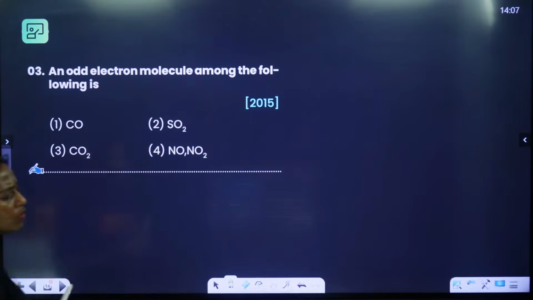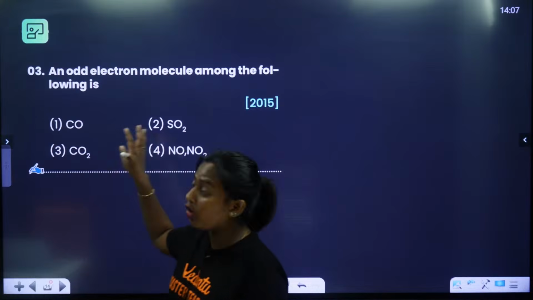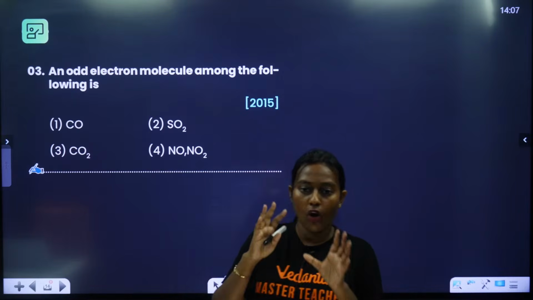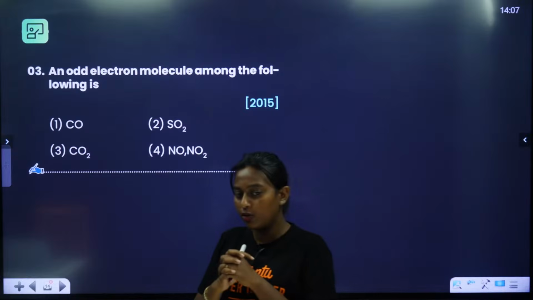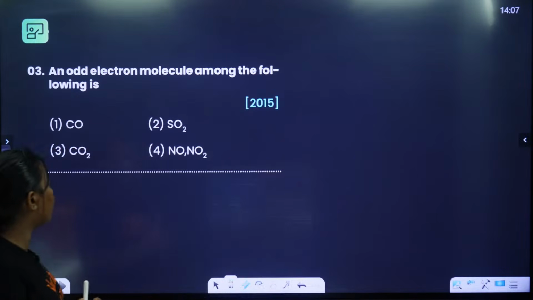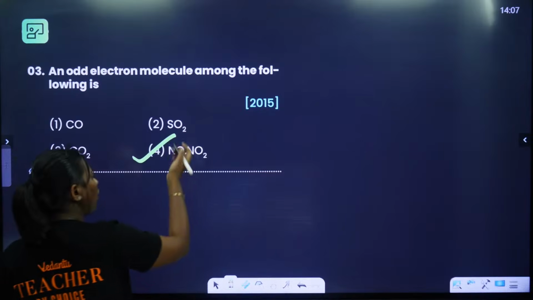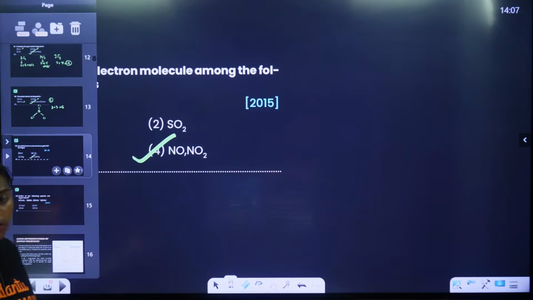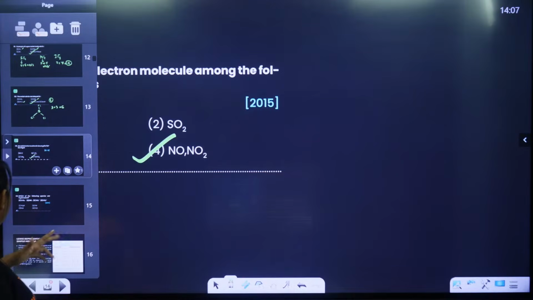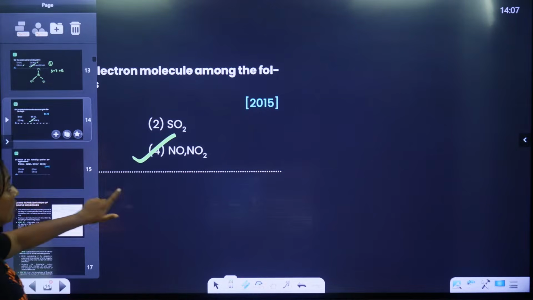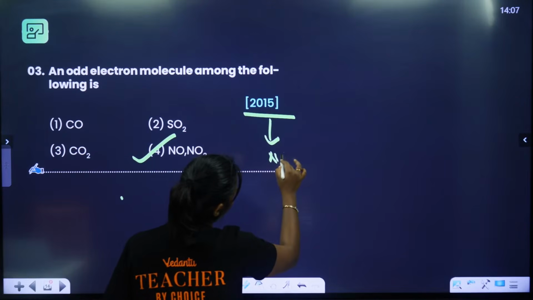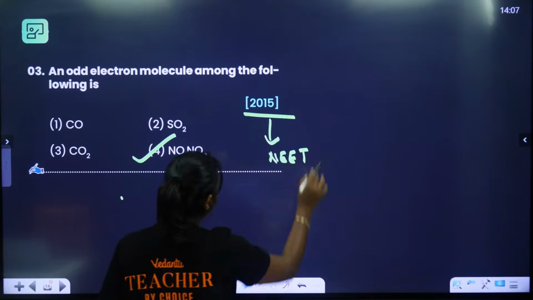Which molecule is actually an odd electron molecule? That is NO and NO2. We already discussed that NO and NO2 contain an odd number of electrons, so it is more stable. This is a 2015 NEET question.